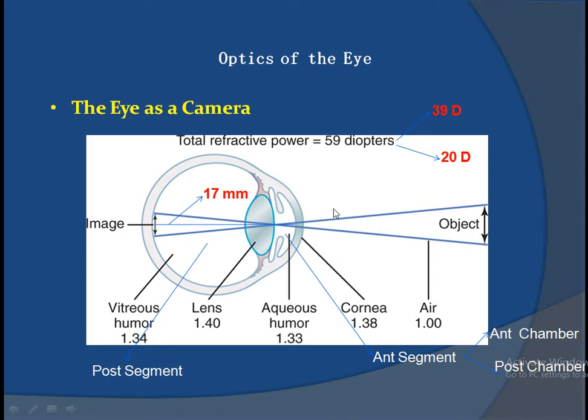There is a gross change of the media here and here and here. But once the light rays enter inside the eyeball, there is not so much change of the media as compared to the anterior surface of the cornea, which has the greatest change of the media from the outside as compared to the inside.